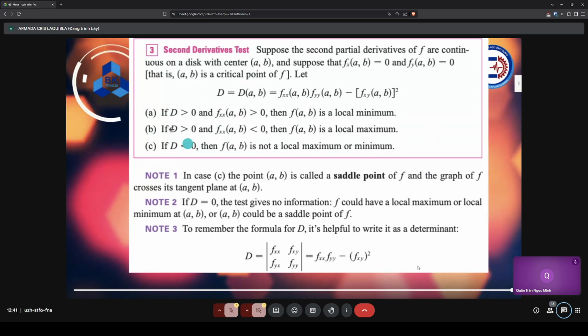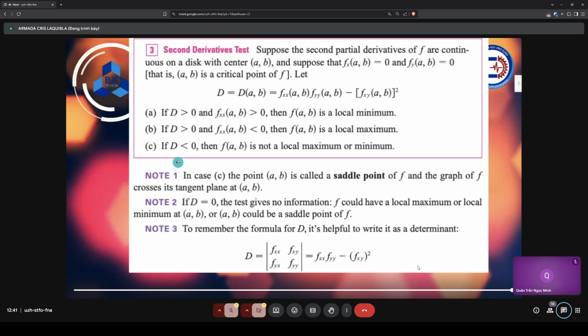So if D, class, is positive, greater than 0, and your fxx(a, b) is also positive, then f(a, b) is a local minimum. Now if your D is positive, but your fxx is less than 0, then that is a local maximum.